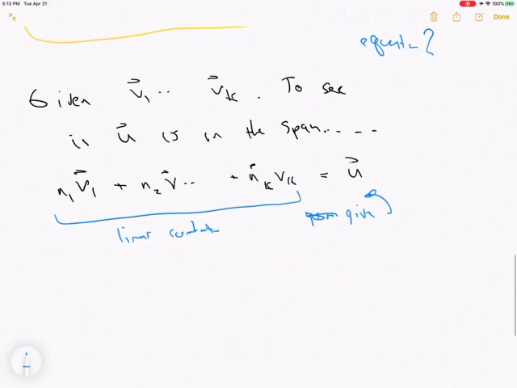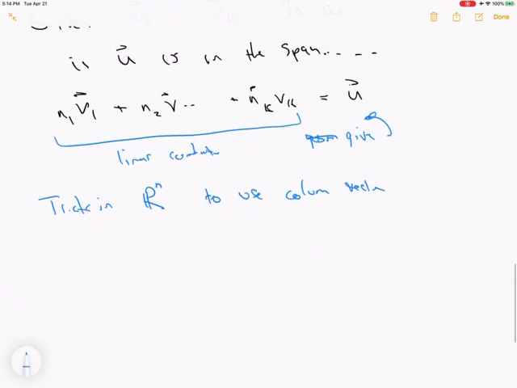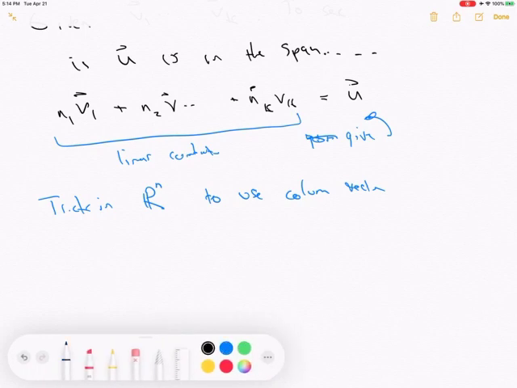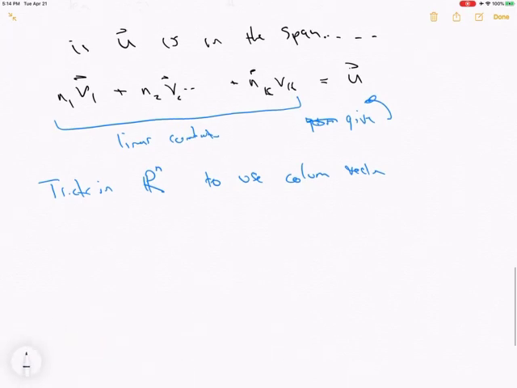And so the trick here, at least if you're dealing in Rn, if your vector spaces are just regular Rn's, is to use column vectors. If you use column vectors, then the notation is going to be kind of annoying, because it's going to be the opposite of what you think about.